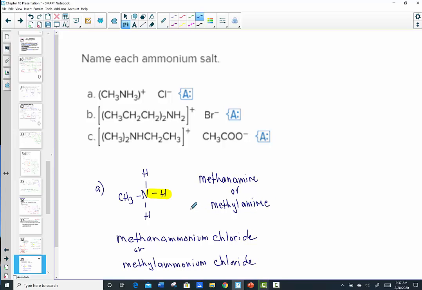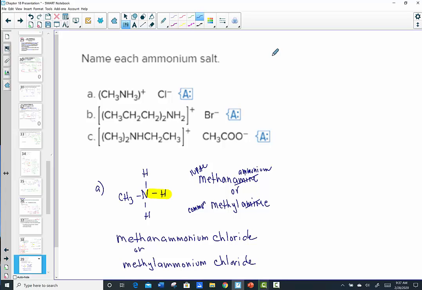So this would be common, and this is the IUPAC name. We've learned to take off amine and put ammonium to name that polyatomic ion. So methane ammonium chloride or methyl ammonium chloride is the name of the salt in letter A.